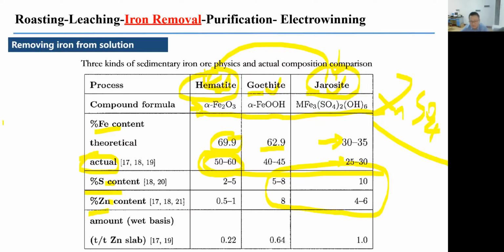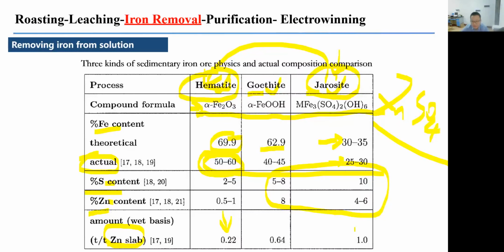So with some industrial practice accounting, we find out that when we are producing 1 ton zinc slab or zinc cathode, around 200 gram to 220 gram hematite precipitate will be produced.